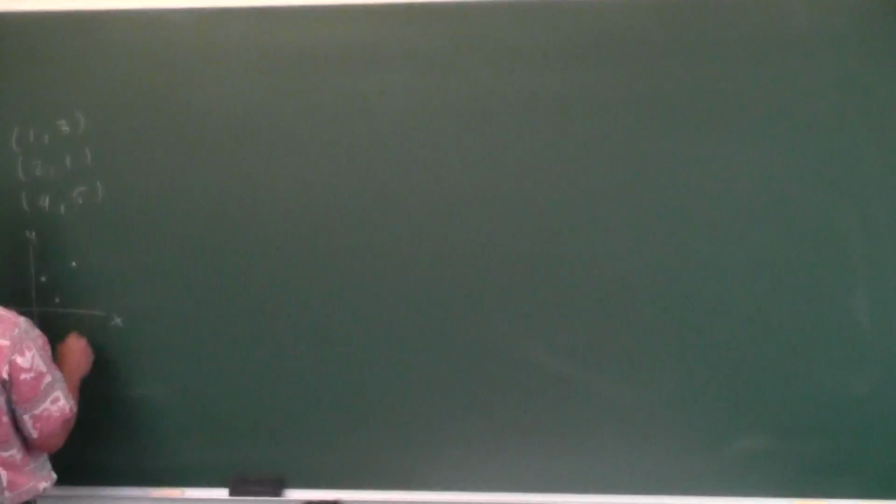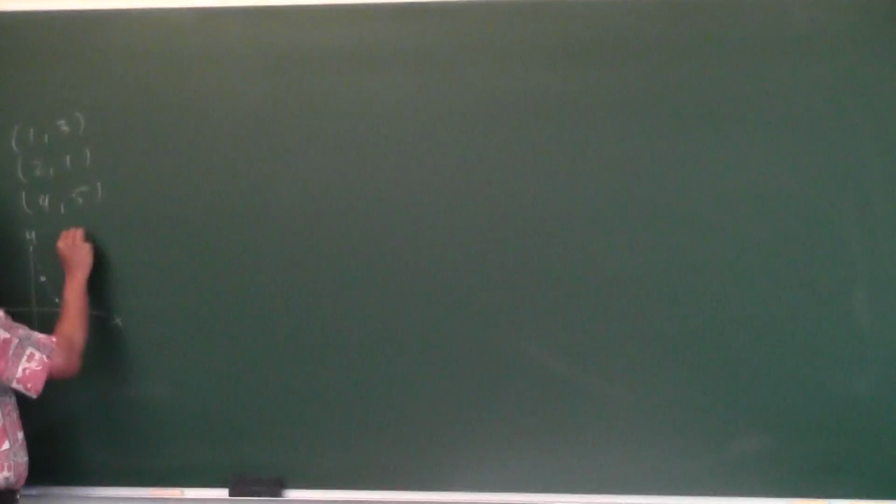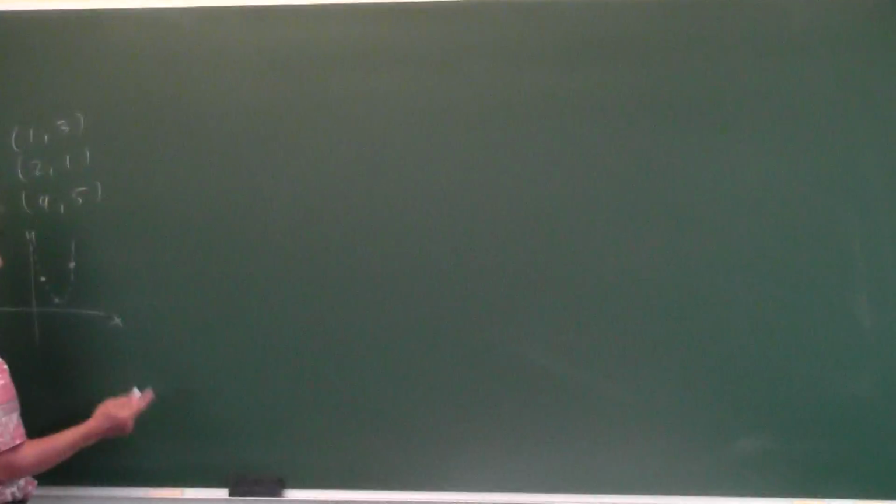Okay, these are 3 non-collinear points, right? Didn't we learn last year? If you have 3 non-collinear points, there is exactly one parabola that goes through them. So tonight's homework, write the equation of that parabola.